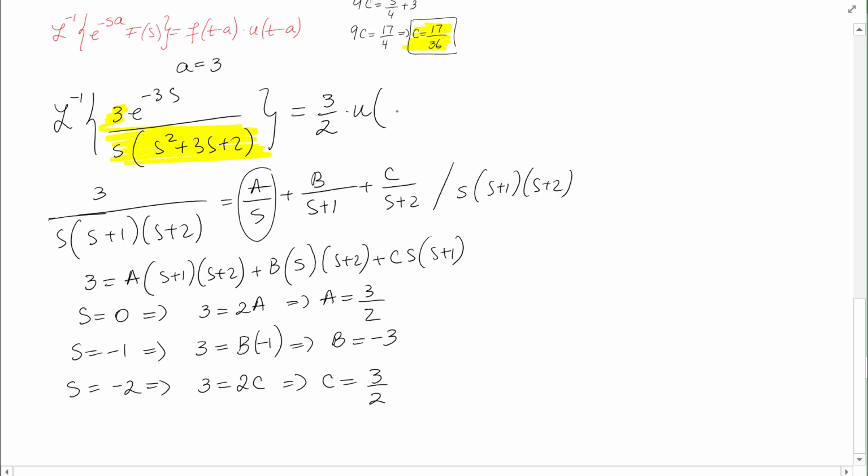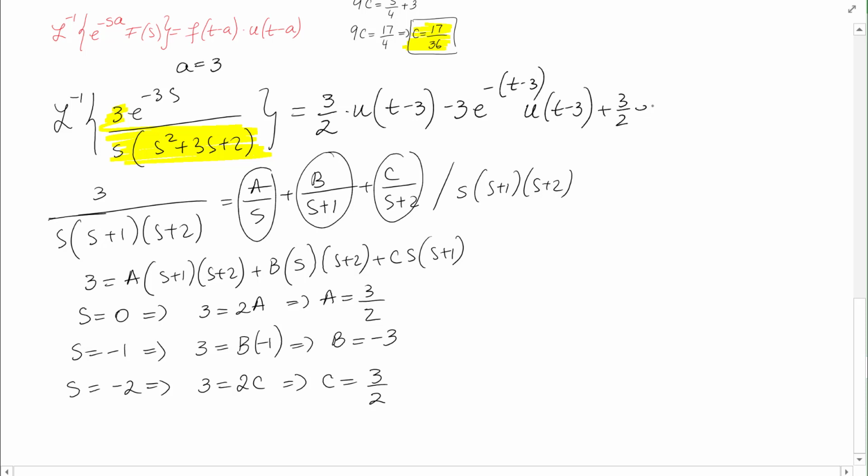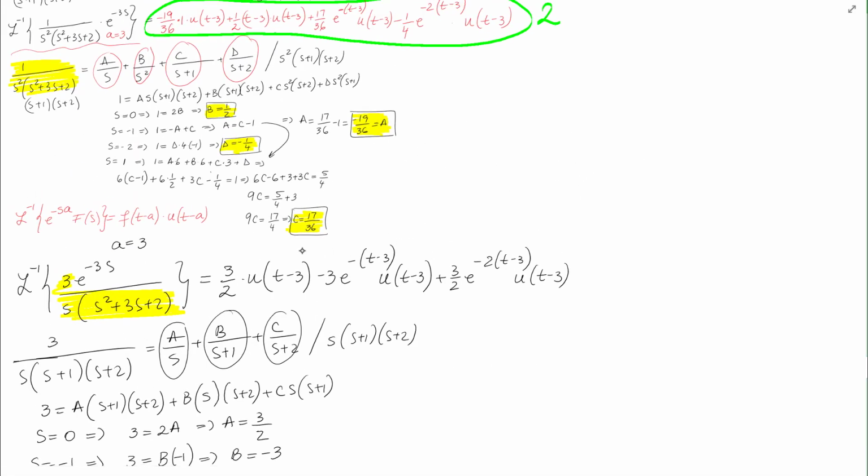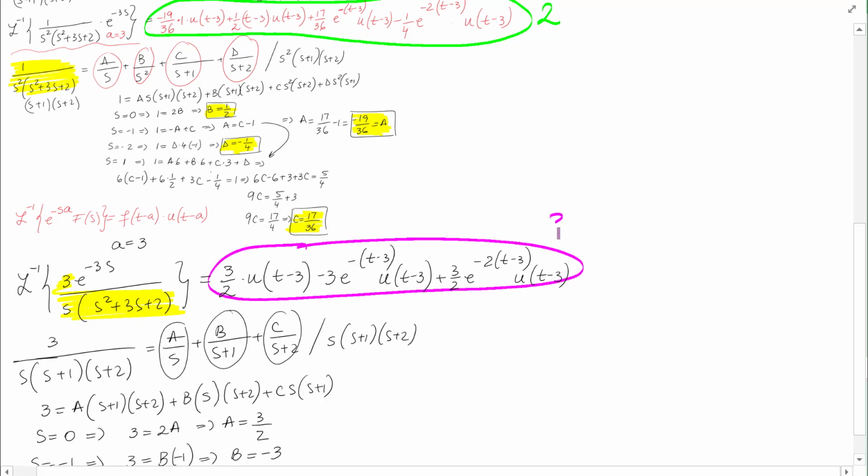Then t minus 3, and the second part, the b, minus 3 e to negative (t minus 3) u of t minus 3, and then c is 3 over 2, so plus 3 over 2 e to negative 2 times (t minus 3) u of t minus 3. This is our third part, which I tried to do in purple.